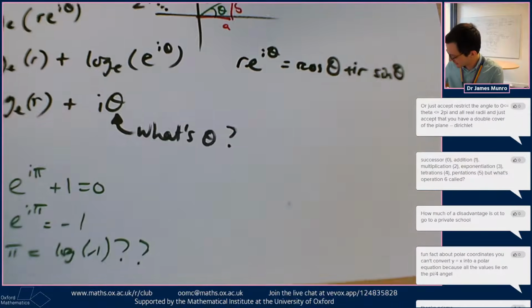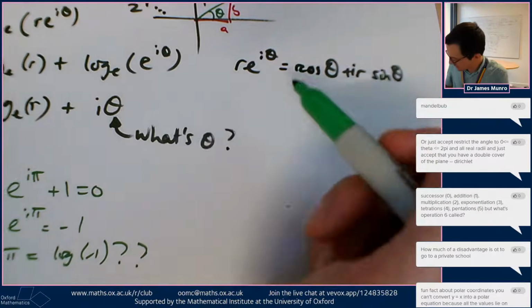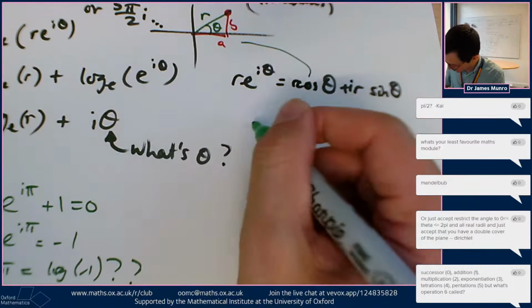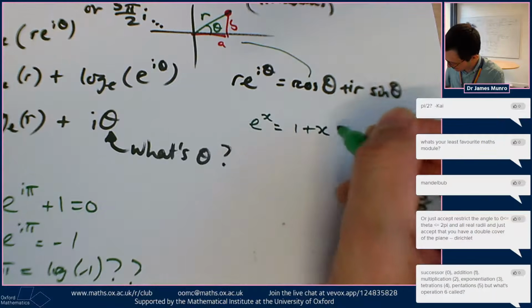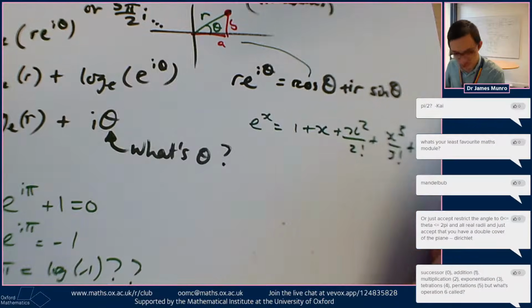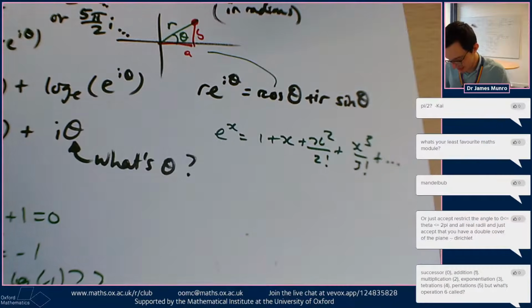At university, a good definition to work with, rather than defining cos and sine from your triangles, is to define e to the x to be some sort of infinite series, which freaks people out a little bit, but hey, it works to have a definition of what e to the x is, and then to define sine and cosine from there, also in terms of infinite series. You have to be quite careful with infinite series, so we teach people some maths at university to actually do those, and once you've defined them as all related to each other, by having similar definitions, then you lose some of the magic, but you gain some rigour along the way as well.